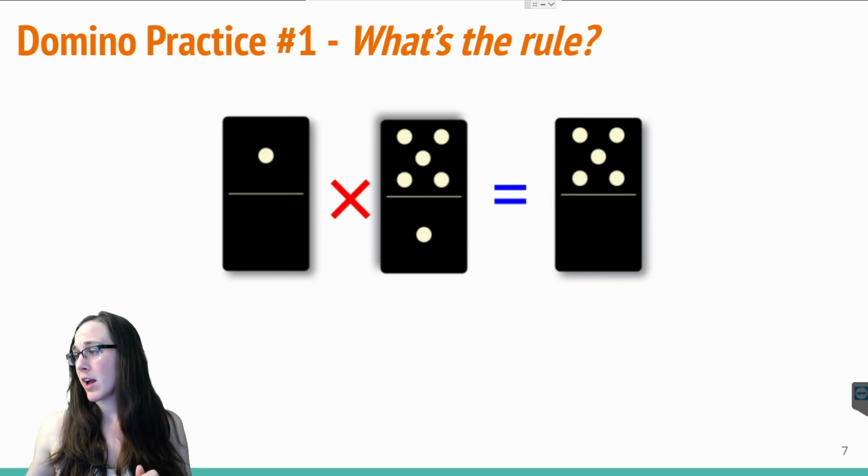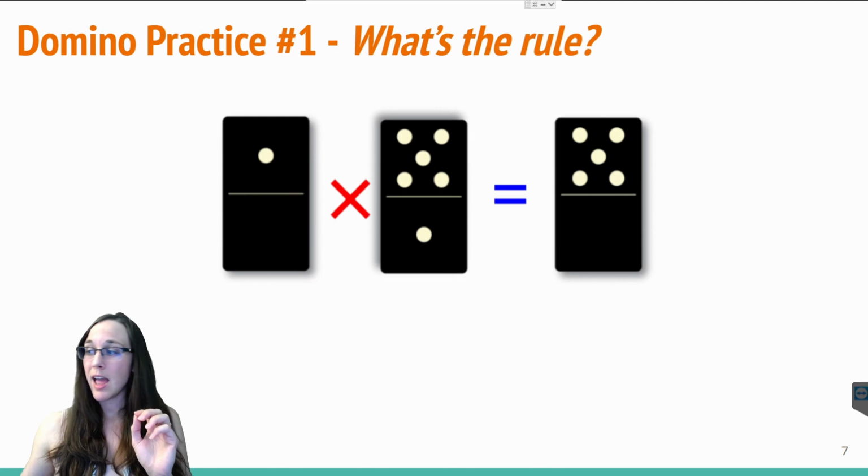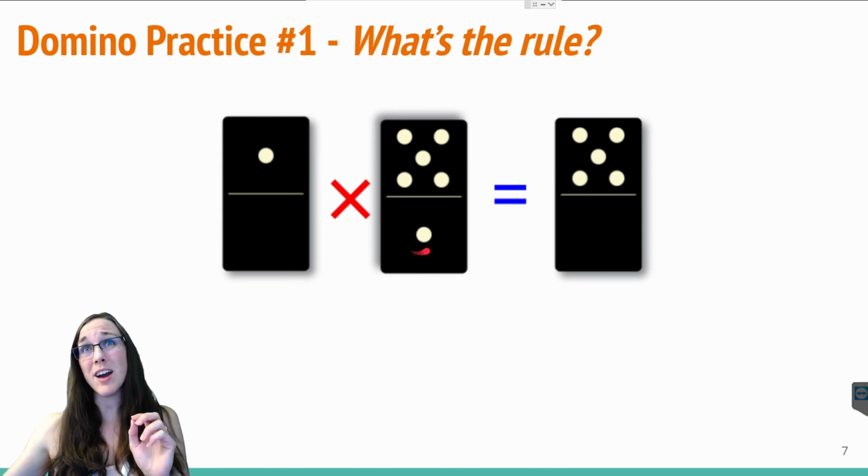Hopefully you're noticing right away that this one down here and this one up here would have to cancel out. So the fact that there is a 1 on top of one of the dominoes, and then there is a 1 dot on the bottom of the other domino, somehow means that we don't end up with anything here in the final product.